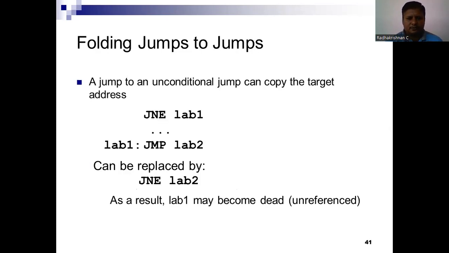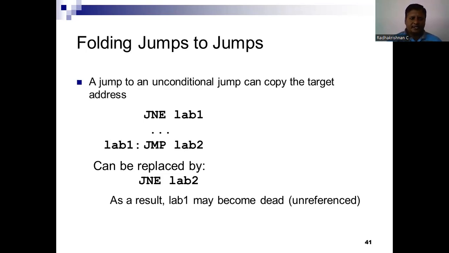Next, flow of control optimization: eliminating jumps to jumps, go to operations. An unconditional jump can copy the target address. For example, jump less than label 1, and label 1 also contains a jump to label 2. So an unwanted jump operation is present.